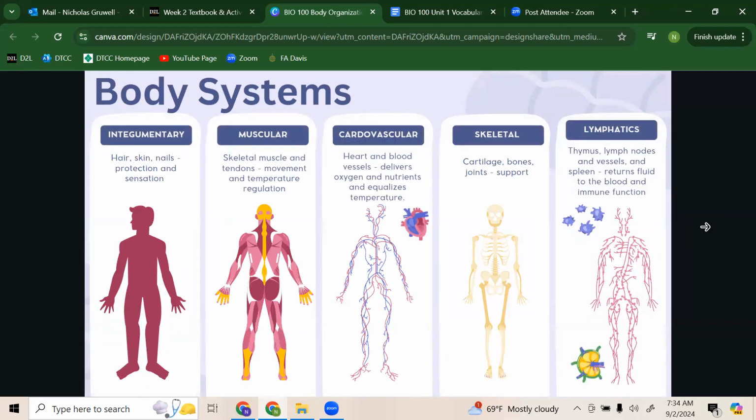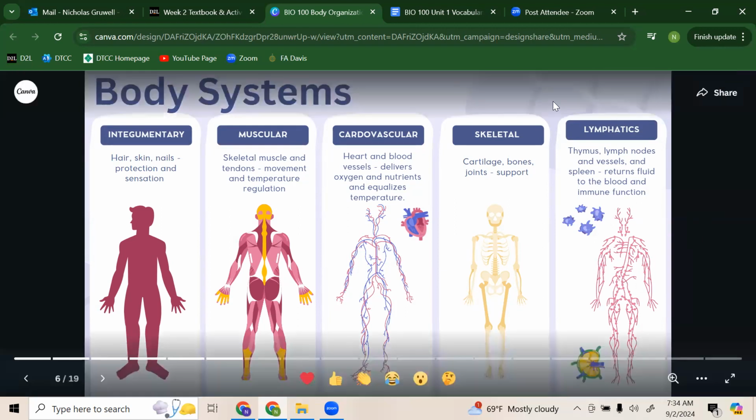Okay, the first one we're going to mention is the integumentary system. This is our hair, skin, nails, and its two big jobs are protection and sensation. So we're trying to keep stuff out that shouldn't get in, and we're sending our brain a lot of signals from our external environment via our integumentary system.